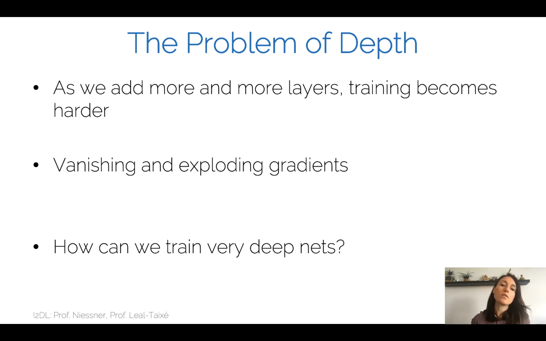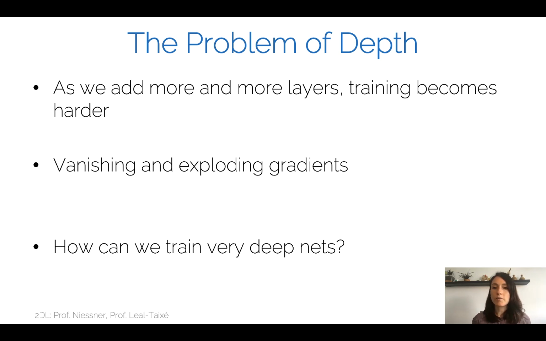First of all, because we have vanishing and exploding gradients, that is that the gradients do not really arrive to the early layers of the neural network, and therefore we cannot train arbitrarily deep networks.